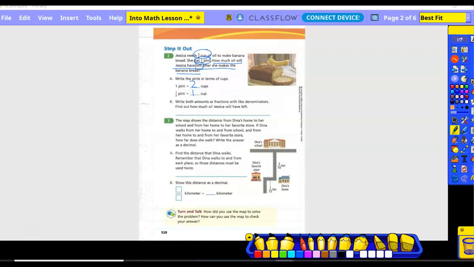Okay, so what are we going to do? She needs 3/4 and she has 1 cup. So what am I going to do? 1 minus 3/4, correct? Yes. Okay, so I can't take that 3/4 from 1. So what does it become?